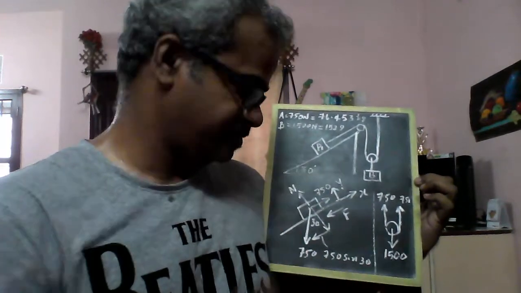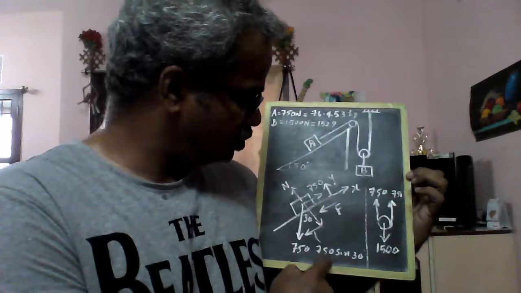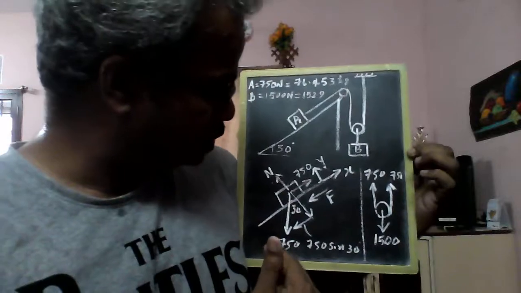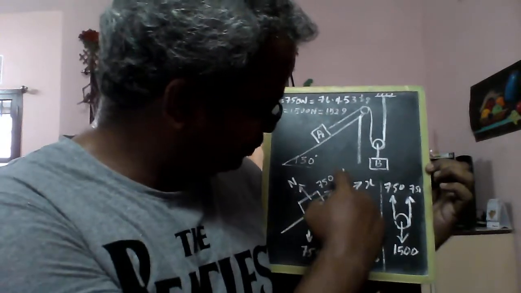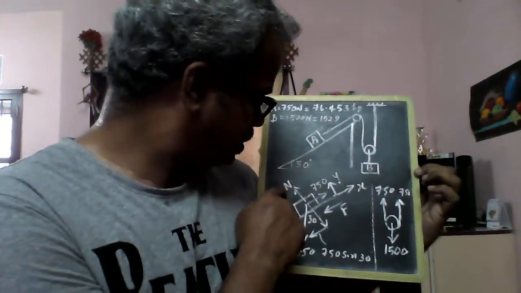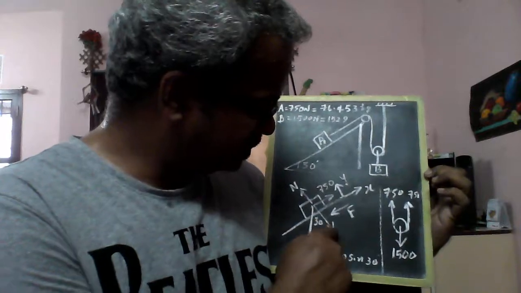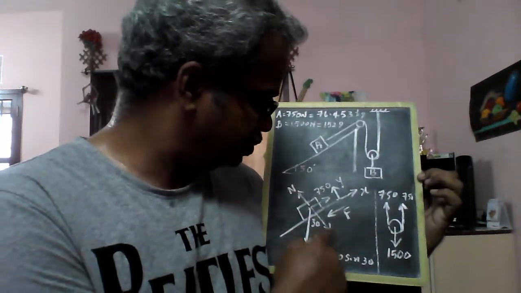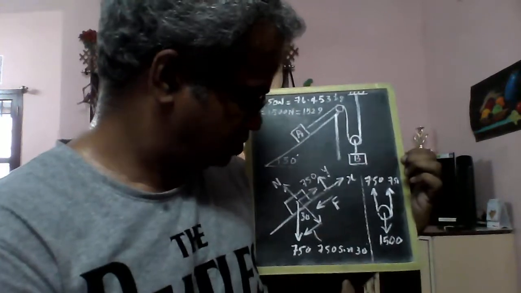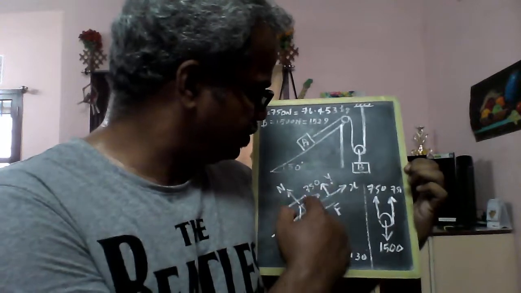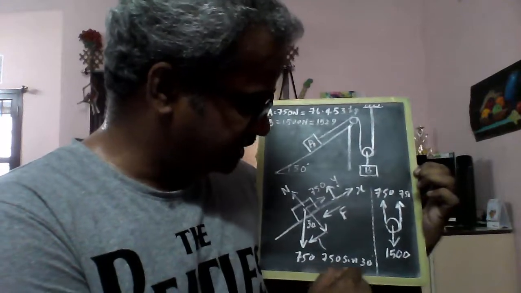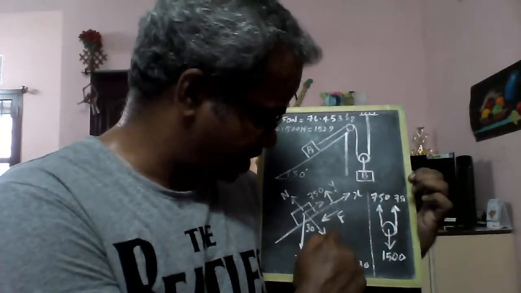It will be 649.51. Then the summation of forces along the slope, if you equate it to 0, will be 750 minus 750 sine 30, that is 375, minus F is equal to 0.